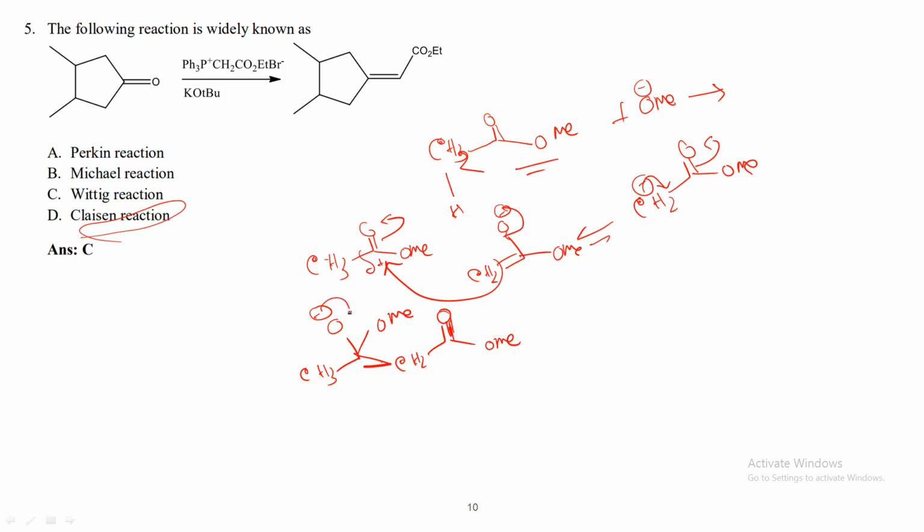Now this type of characteristic removal of an OMe group gives CH3 CO CH2 CO OMe, right? If this type of reaction happens, it is known as Claisen condensation reaction.